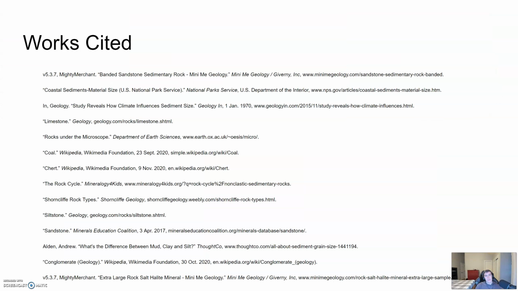And then here's a works cited, and I'll just go over a little summary. Sedimentary rocks are one of the 3 major rock types, which are sedimentary rock, igneous rock, and metamorphic rock. Sedimentary rock is created by sediments being compacted and cemented together. Sediment can be of various shapes and sizes.